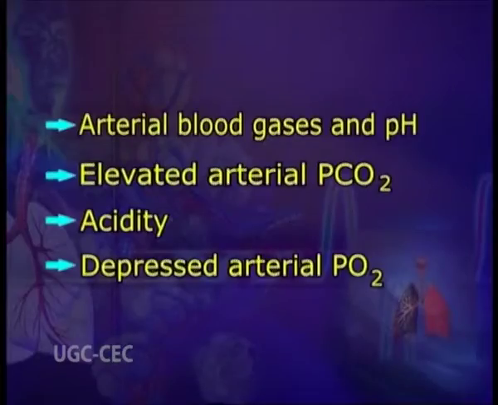Chemical factors modifying respiratory center activity. The respiratory center is also regulated by a number of chemical factors which control the depth and rate of respiration. Arterial blood gases and pH.